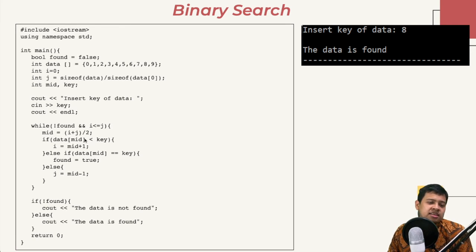If the data in the middle is less than the key, then I is mid plus 1. Else if data at mid is equal to the key, that's it, it's the end of the search, we found true. Else J is mid minus 1.